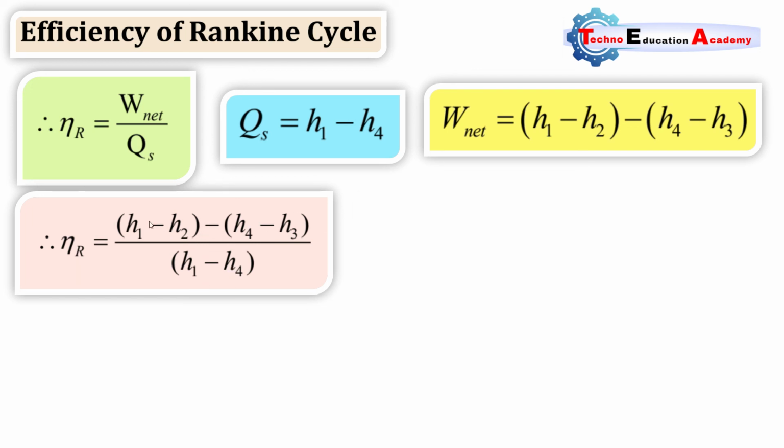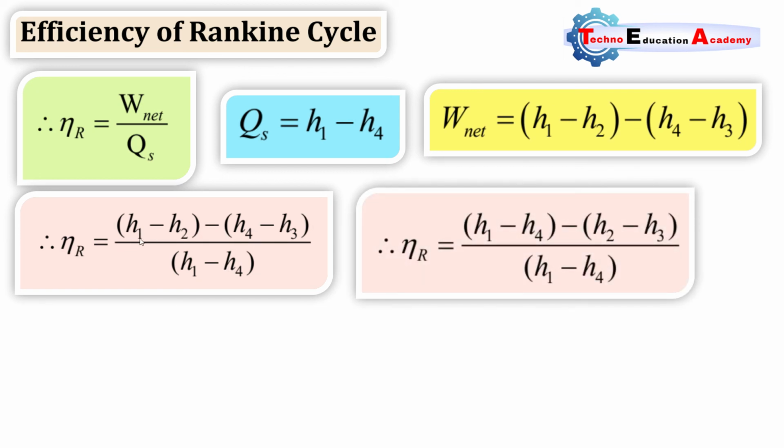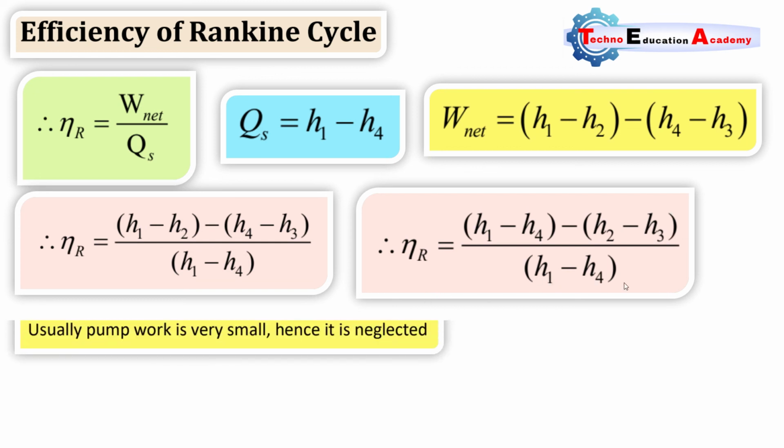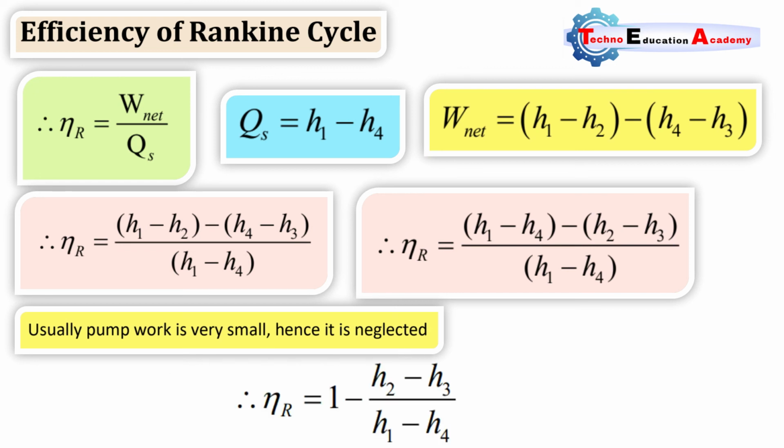Further, we simplify this equation. Here we rearrange the enthalpy terms, and we get H1 minus H4 minus H2 minus H3, divided by H1 minus H4. Usually pump work is very small and hence it is neglected. We get efficiency of the Rankine cycle equal to 1 minus, this term divided by this term.